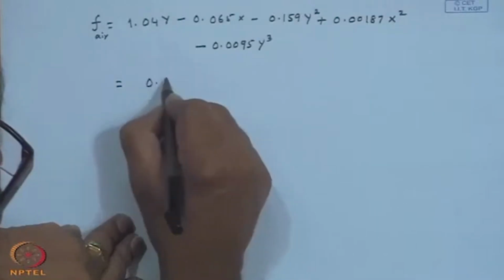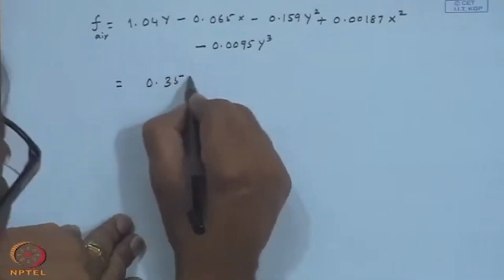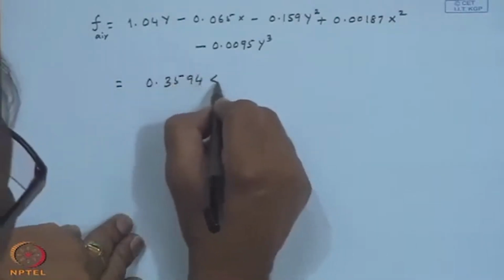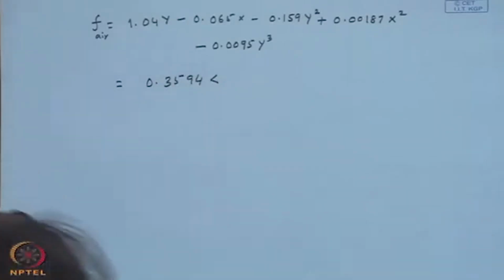This will be 0.3594, which is less than the previous value, which is 0.3732.